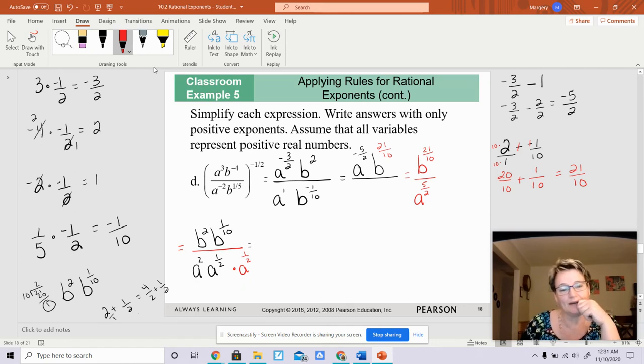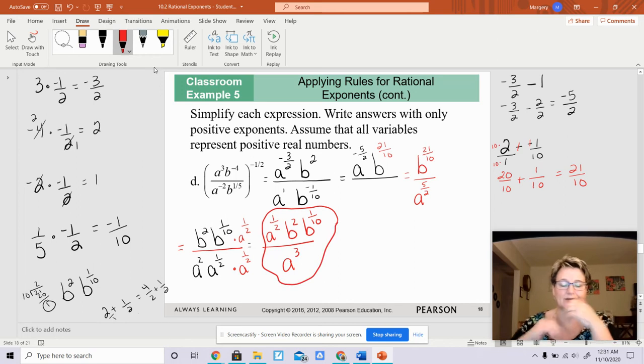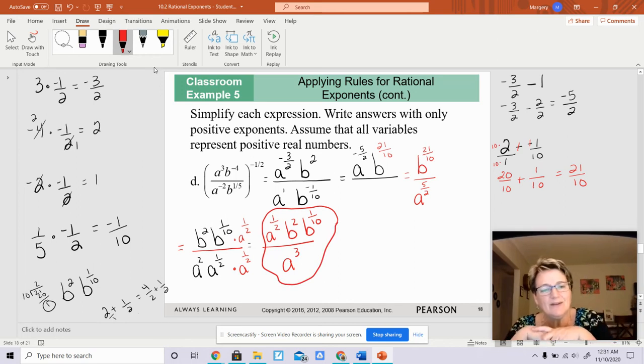Whatever I do to the bottom, I've got to do to the top. So now in the denominator, when you multiply all of these together, you're going to end up with a to the 3rd power. In the numerator, you have a to the 1/2, b squared, and b to the 1/10. And you cannot reduce it at all anymore. That is your answer. So that one's a little bit of work.